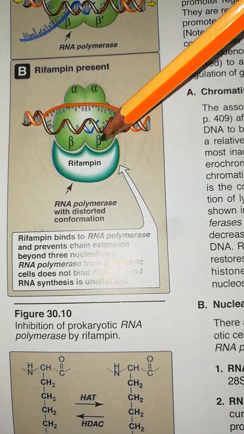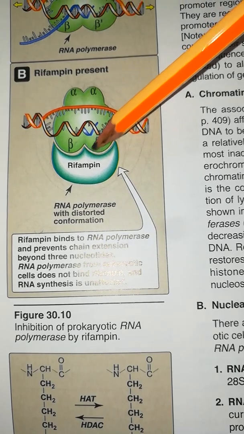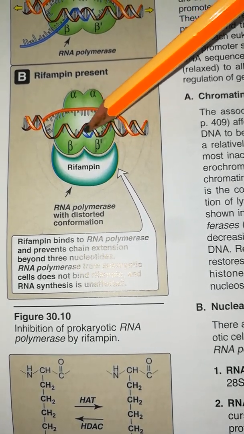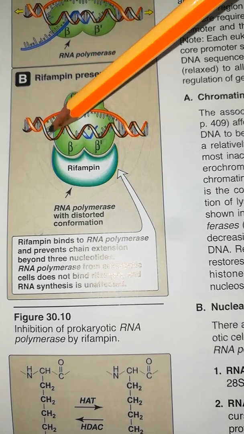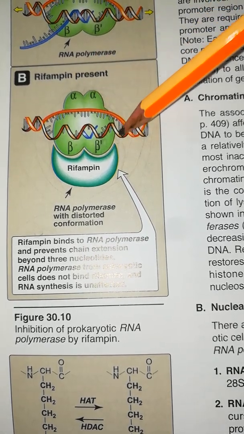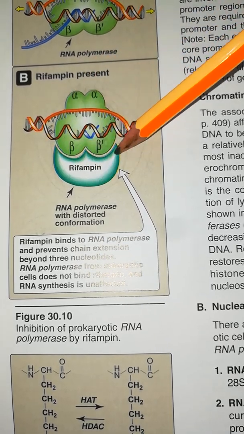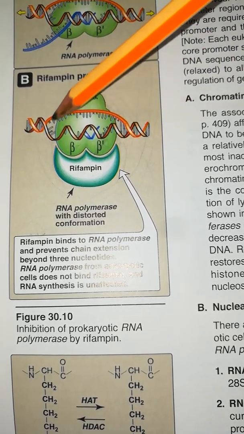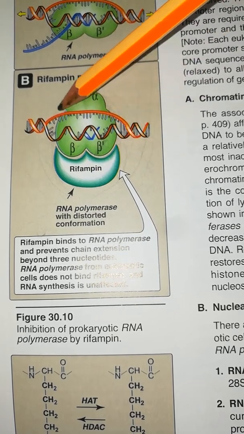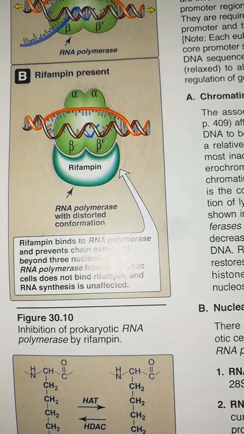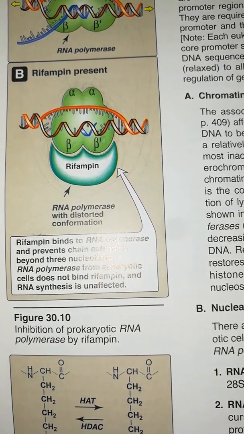So by the action of rifampicin, we inhibit this beta prime subunit, and beta prime subunit helps in phosphodiester bond formation with this newly coming nucleotide base of the RNA polymerase enzyme. So this is the action of rifampicin.